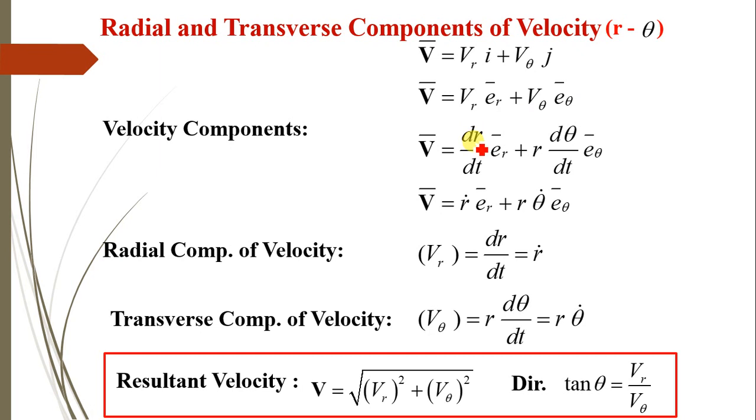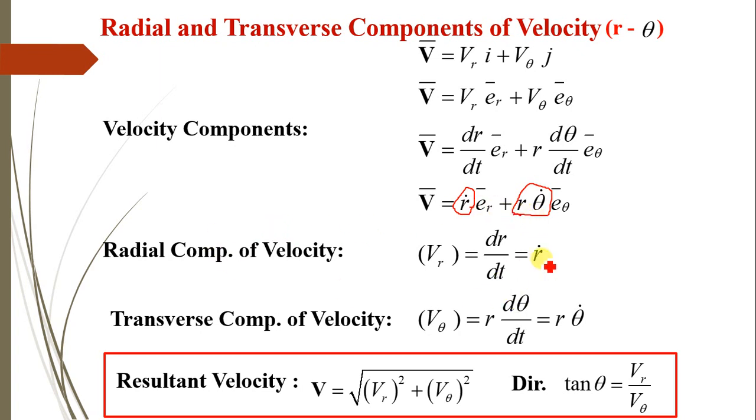Further, it can be rewritten as V bar equals dr by dt into Er bar plus r into d theta by dt into E theta bar, or V bar equals r dot Er bar plus r theta dot E theta bar, where r dot represents the Vr component, the radial component of velocity, and r theta dot represents the transverse component of velocity, that is V theta.